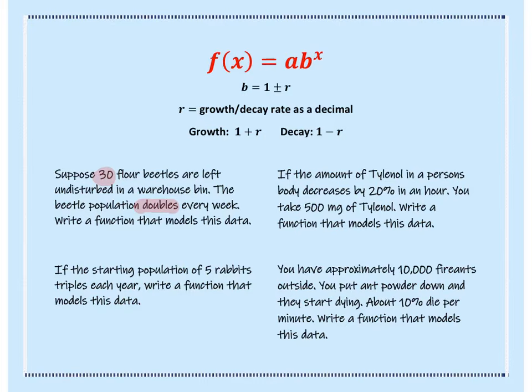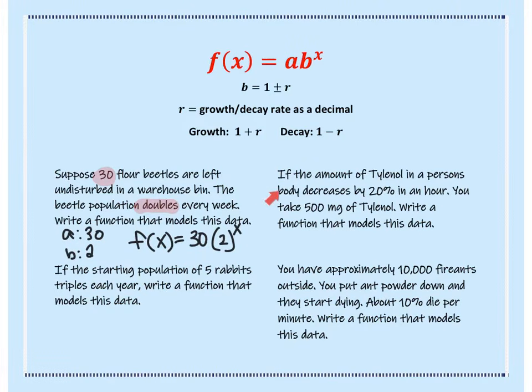So my starting value is 30. My b value is the rate of growth or decay, and this time it is increasing by a rate of 2. So my function is going to be f of x equals 30 parentheses 2 raised to the x power. Notice every single function we write is going to have an x in the exponent.